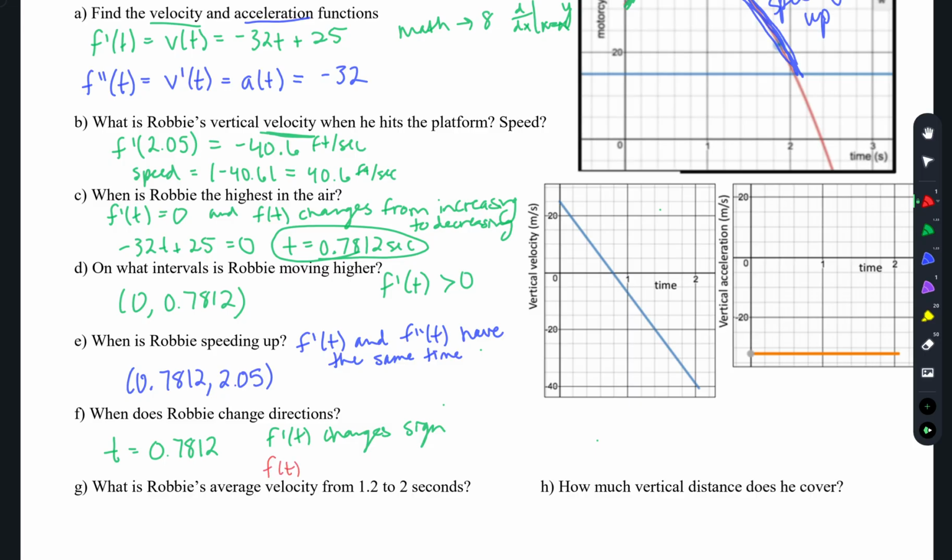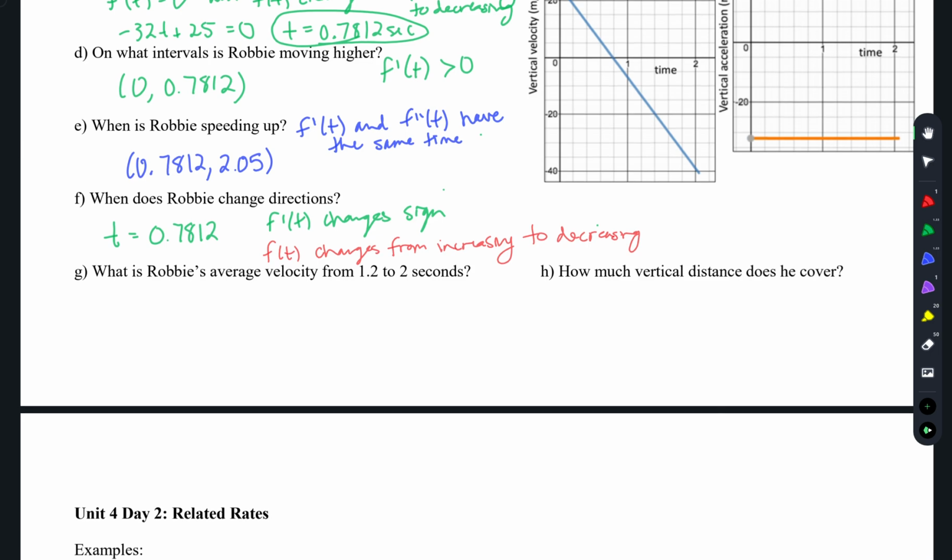Yep. Changes from increasing to decreasing. Avoid the word "it" all the time. Never write the word "it." If you ever write the word "it," you're going to get points off, because you're not specific about what function. Okay. All right, so there's that one.